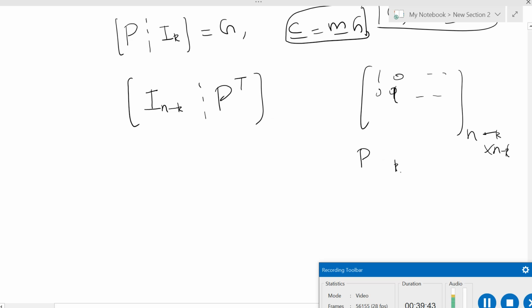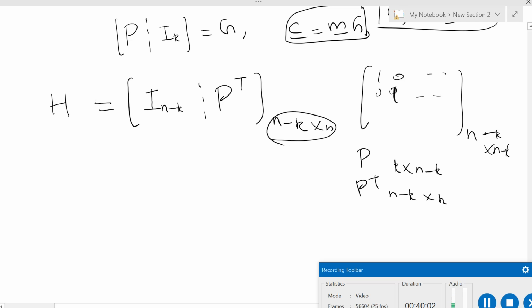P was a k cross n minus k matrix, so P transpose is an n minus k cross k matrix. If you combine the two matrices this way, this will be an n minus k by n matrix, given another symbol H. We call this matrix the parity check matrix, for reasons you will see soon.